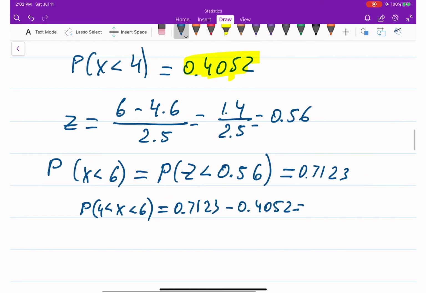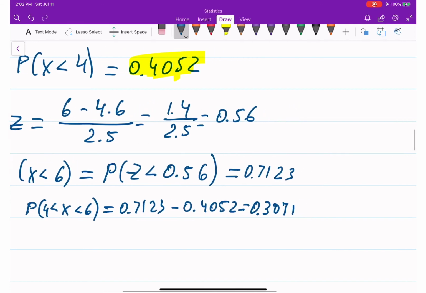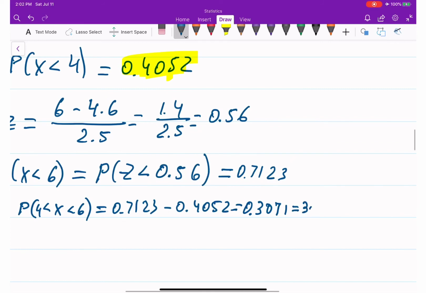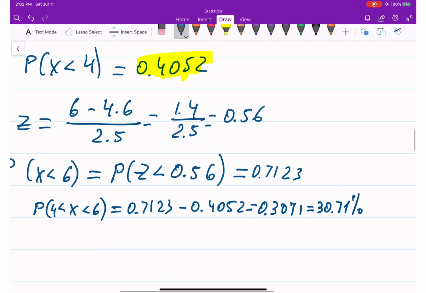That is equal, 3 minus 2 is 1, 12 minus 5 is 7, 7 minus 4 is 3, and we get 0.3071, which is 30.71%. Okay? 0.3071. All right.